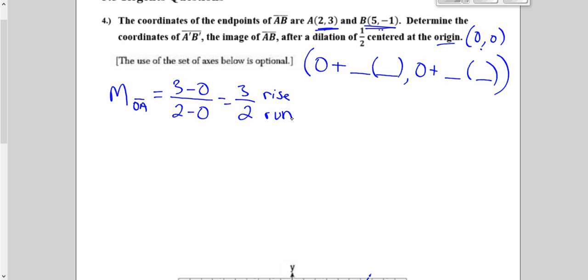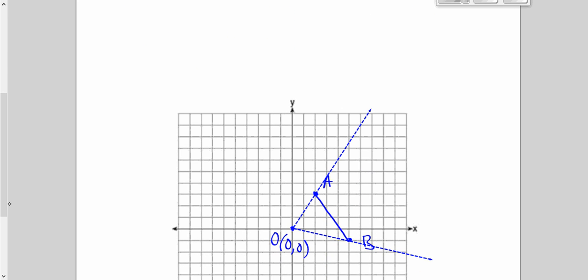Originally, to get to A, it was 0 plus what for the run? 2. And to get to A for the rise, it was 0 plus what? 3. What are we going to do to that, plus 2 and plus 3? Multiplied by a half. The scale factor is half of that, isn't it?